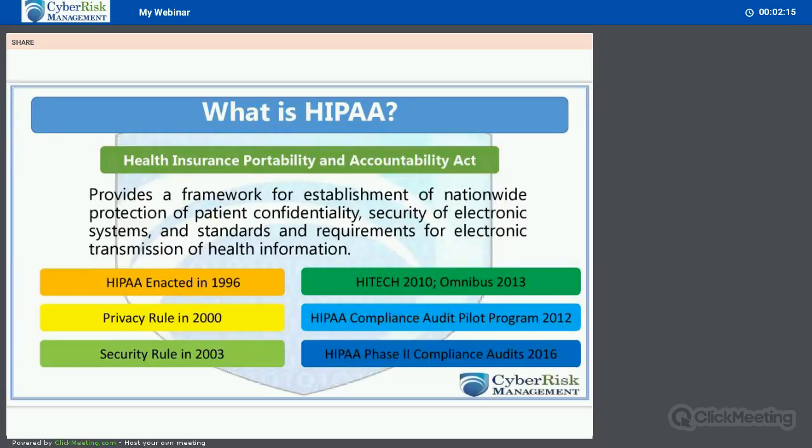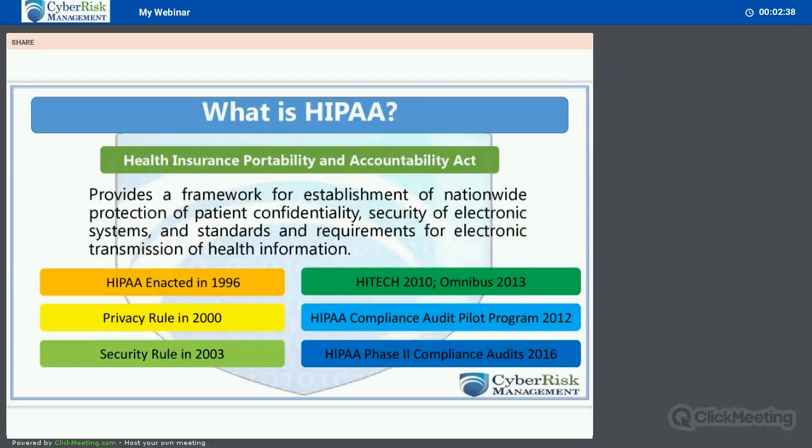The privacy rule was updated in 2000. In 2003, the security rule came into play, and the security rule is what we'll talk about today. That is in addition to monitoring conversations and computer screens, but what do you do when you've collected that information to keep it safe?